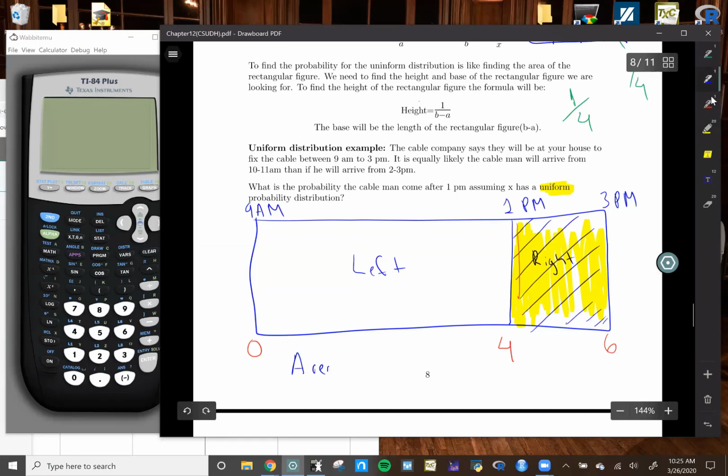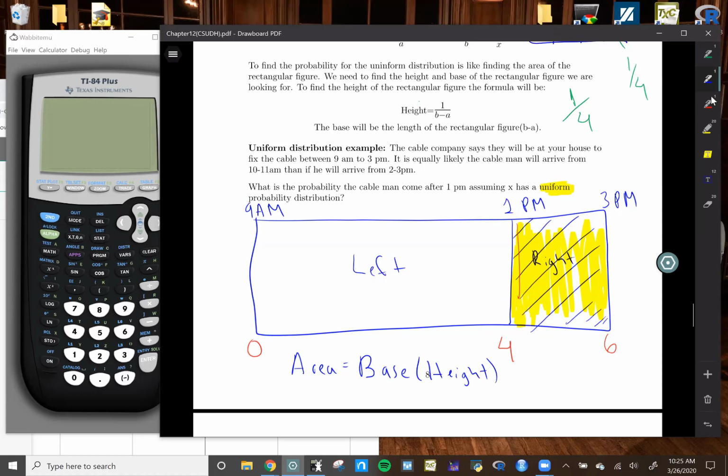When you took a basic algebra class, you should have gone over the area of a rectangle. What's the formula for the area of a rectangle? Base times height. Perfect. So that's what we're going to use.